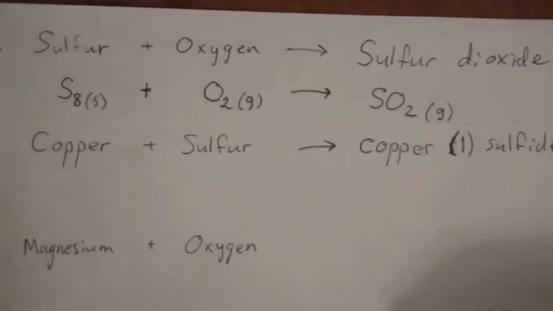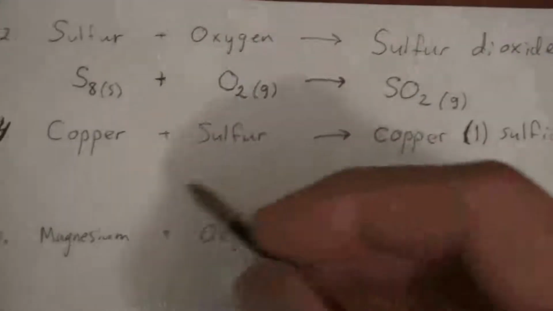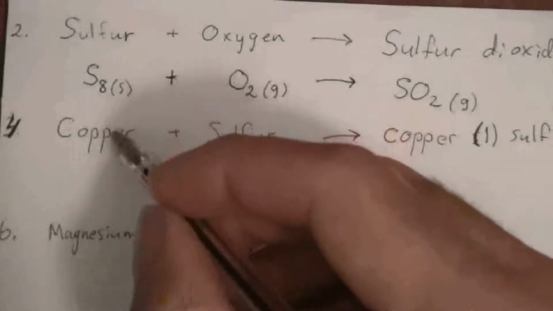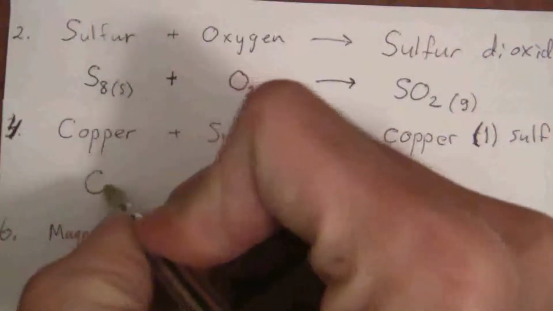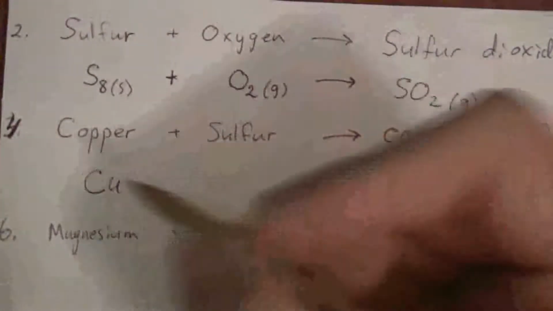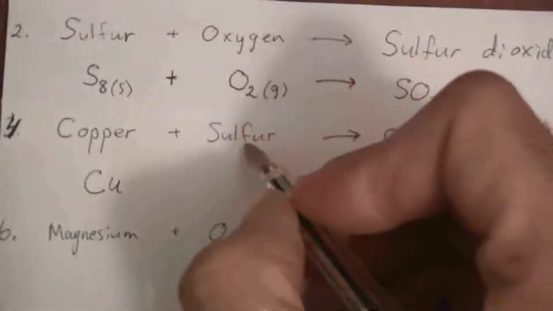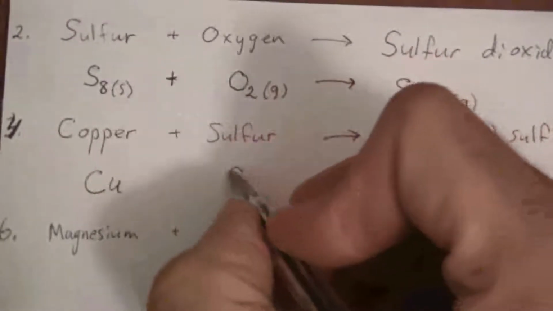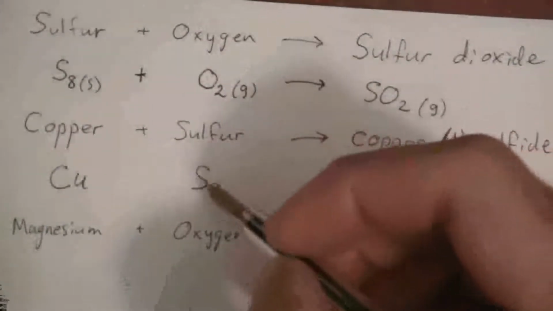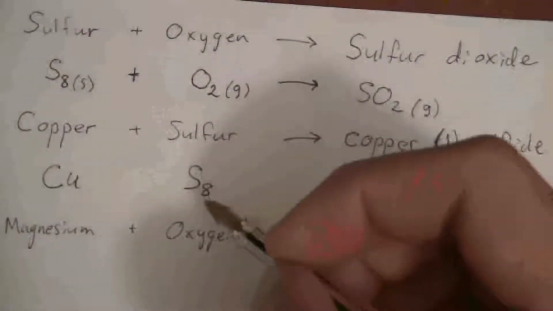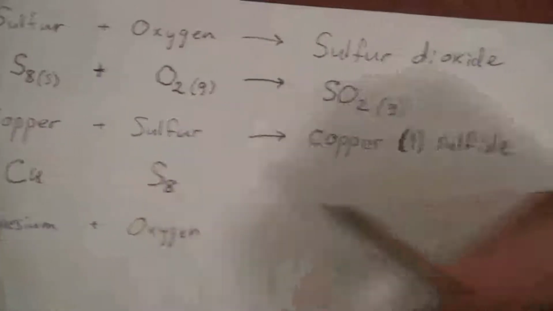All right, so now we need to write a balanced equation for this. The copper metal, nothing special about any metal, is always just the element. And then the sulfur, again, was S8. Anytime you're dealing with solid sulfur, it'll be S8.